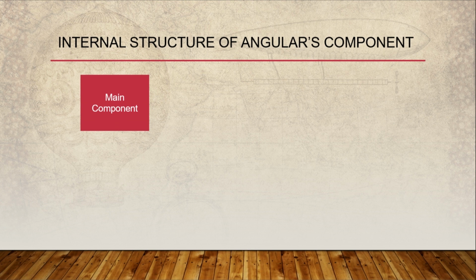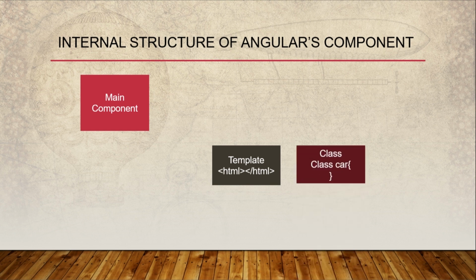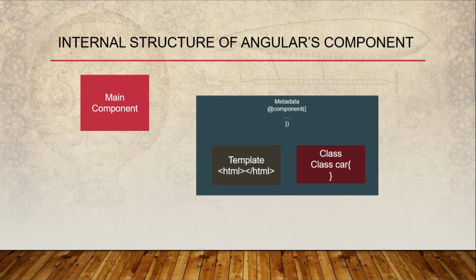So let us talk about the component of Angular in detail. I am taking the main component. Now this component is divided into three parts. First is a template containing the HTML which gets rendered onto the page. Next is the class, which contains the properties and methods which are pulled into the template and then rendered onto the page.